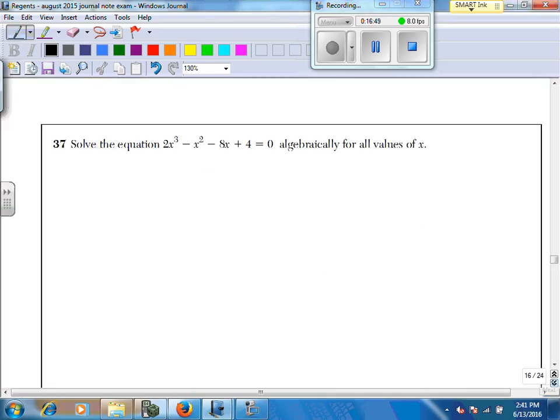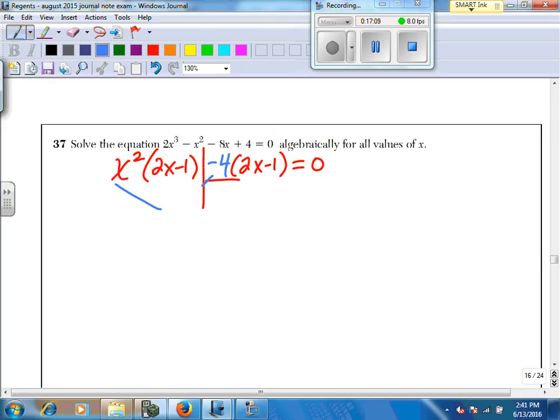Next one, solve the equation algebraically. So we've got multiple terms here, starting with a cube. Got to do this by grouping. Left side has a GCF of x squared, leaves you with 2x minus 1. The missing factor here is a negative 4.